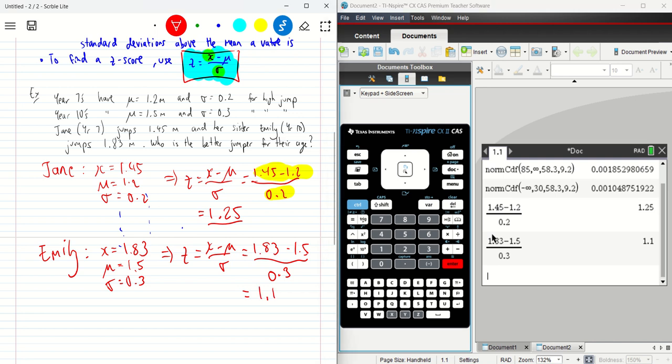What that means is that Emily is 1.1 standard deviations above the average person. So who is better for their age? Jane is better for her age because her Z score is higher than Emily's. Jane was 1.25 and Emily was 1.1.